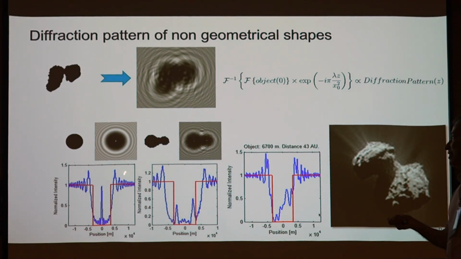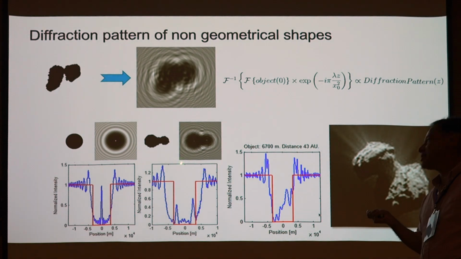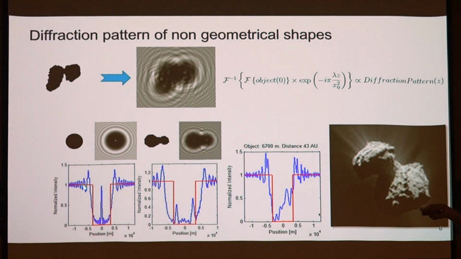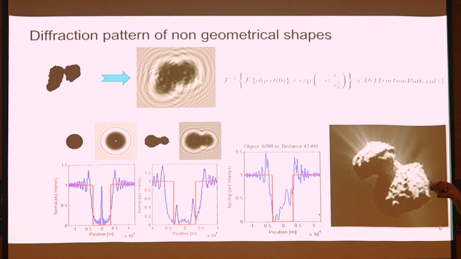This is a simulation for a contact binary, a peanut-shaped thing, and this is a circular one. This one is pretty symmetric, and this is not symmetric, and this is less symmetric than these two. So this is the real result of the diffraction profile taken from this diffraction pattern.